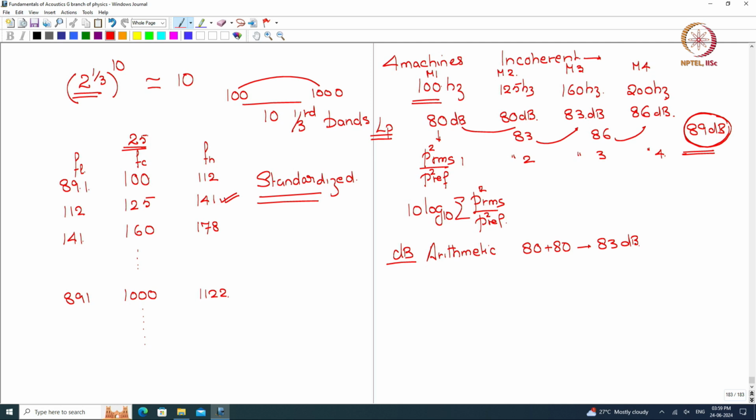Now what I say is that I want to apply the human weighting, or A weighting, to this value. If we apply A weighting to this value, we need corrections.